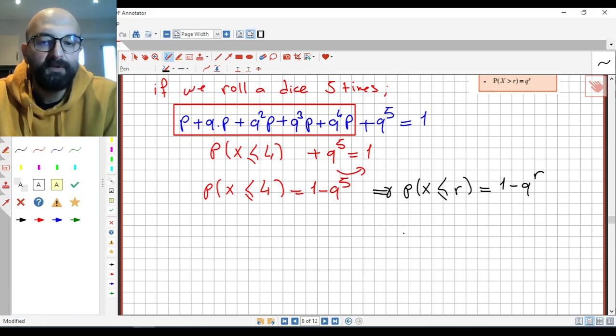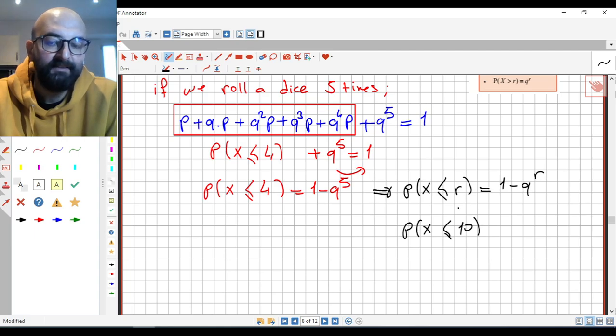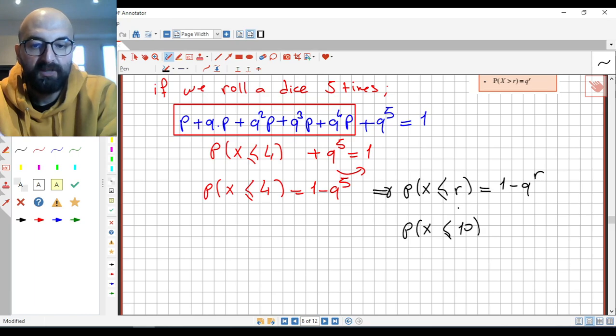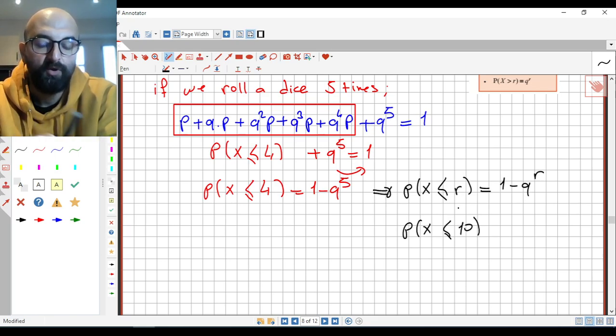For example, if you want to get success in 10 or fewer trials, for example in the first trial, or in the second trial, or in the third trial, or in the fourth trial, and so on to the 10th trial, to figure out this probability is very hard, very long.